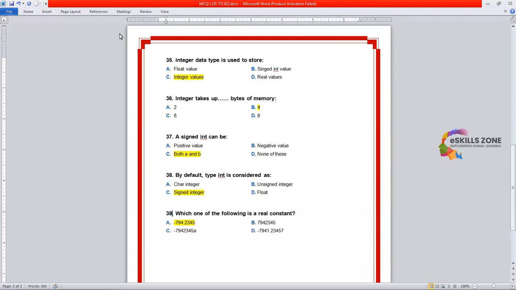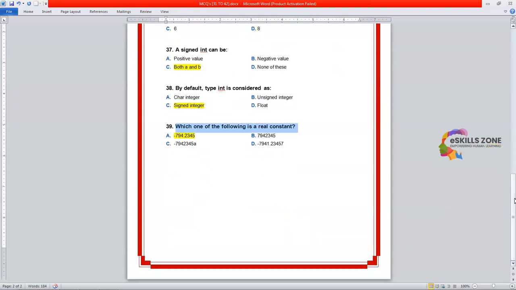Number 39. Question is the range of unsigned integer is from option A, 0 to plus 4294967295. Option B, 0 to 2 to 1122222.